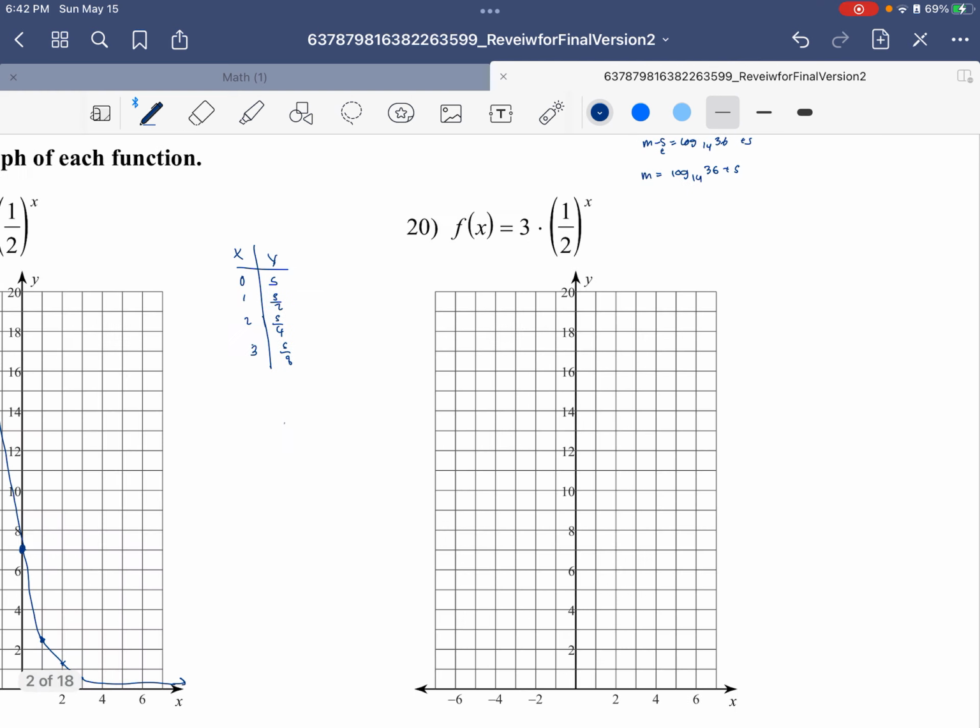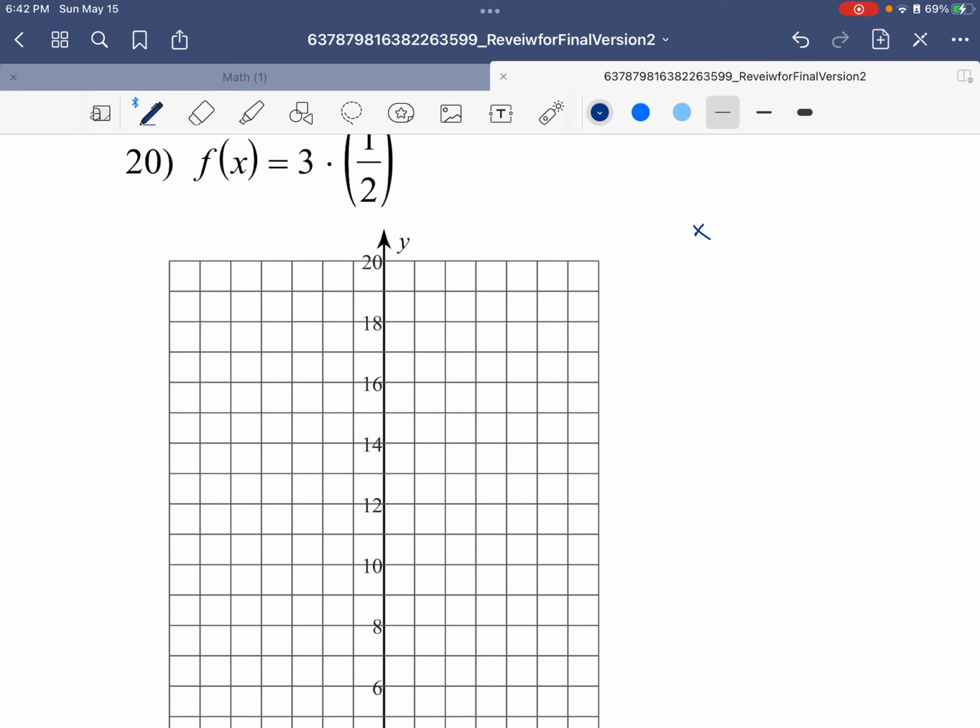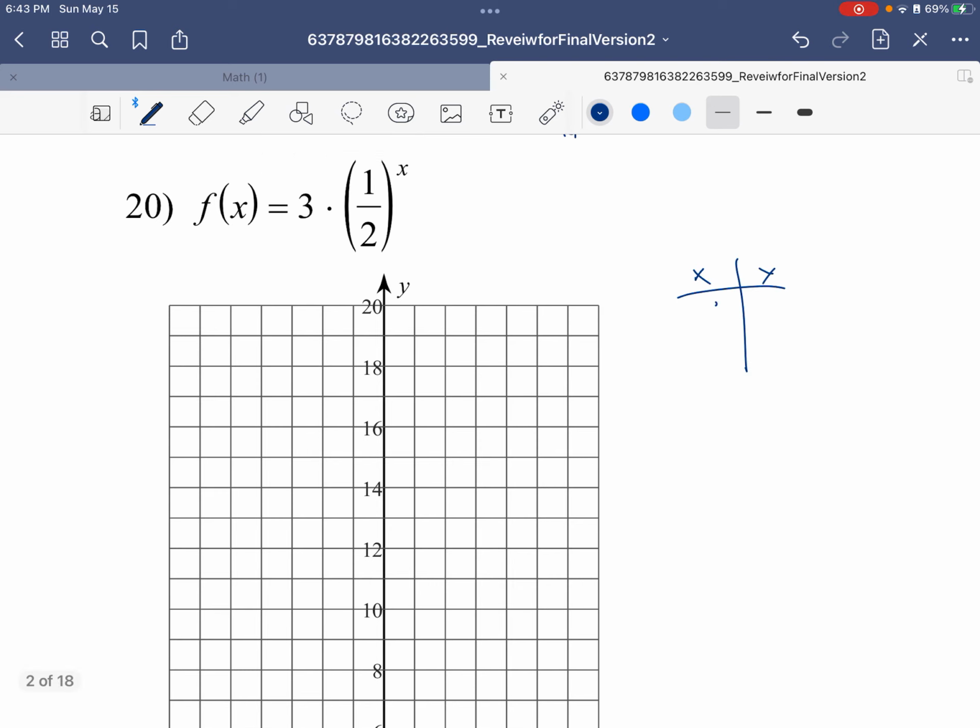Okay, next one. Same thing, I make a table, and let's plug in 0, gives us 3, because 1 times 3 is 3. 1/2 times 3 is 3 over 2, and then for 2, 1/4 times 3 is 3 over 4.